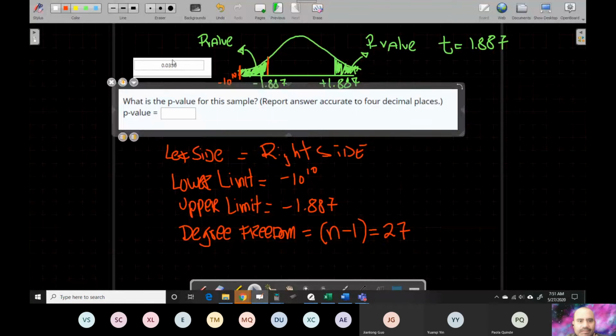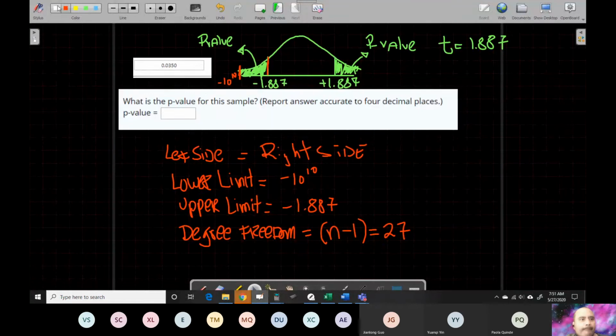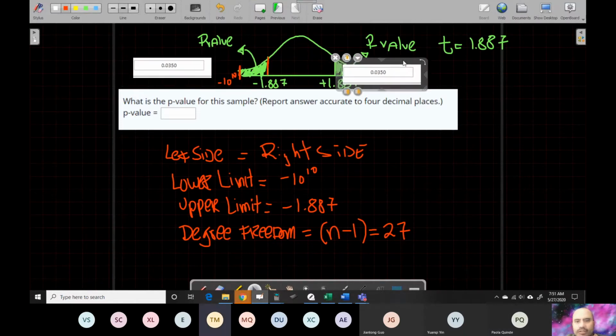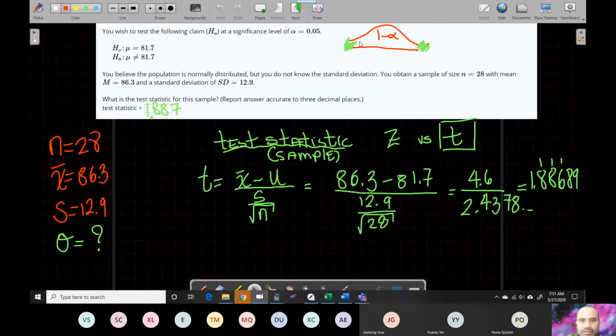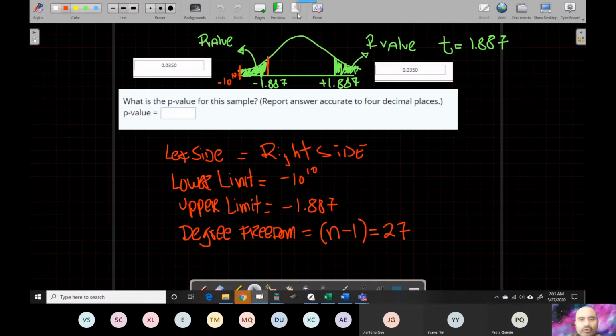But is that the complete p-value? What do you think? Is this the complete p-value? The answer is no, because we have two sides, right? Remember from the very beginning, I told you that this piece is the same as this piece because the problem was two-sided. How do you know it's two-sided? Because they're using the not equal. So when they say not equal, you have to use both sides all the time.